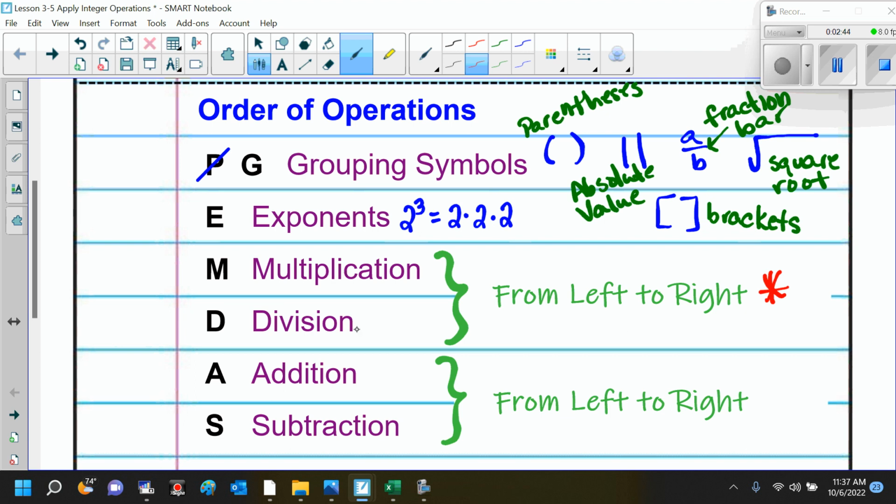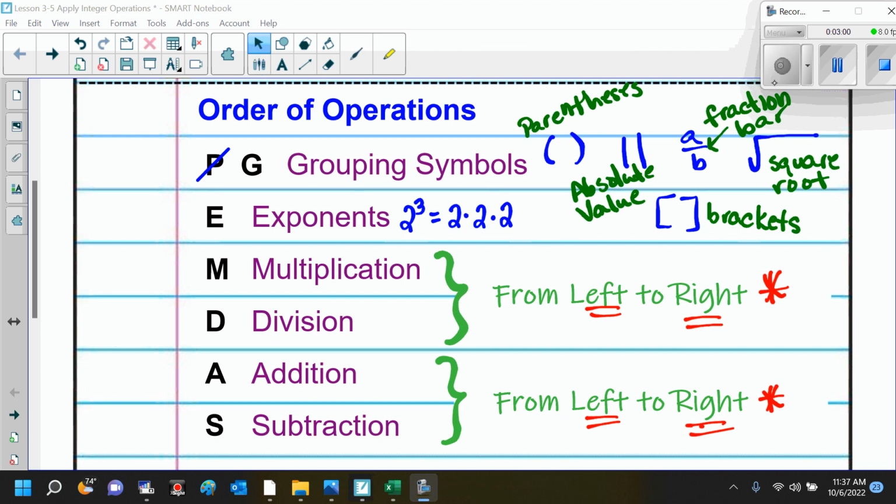This note right here, multiplication and division from left to right, okay? And then we have addition and subtraction. Again, there's that note, from left to right. So if you follow this order, you'll always come out to the correct solution.